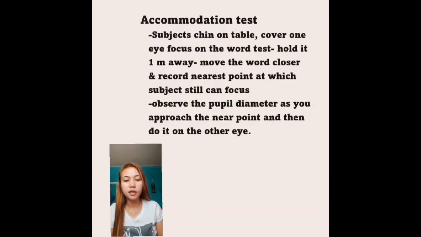Accommodation test: the subject rests the chin on the table, covers one eye, and focuses on the word test, held 1 meter away. Then move the word closer and record the nearest point at which the subject can still focus. Observe the pupil diameter as you approach the near point, and then do it on the other eye.